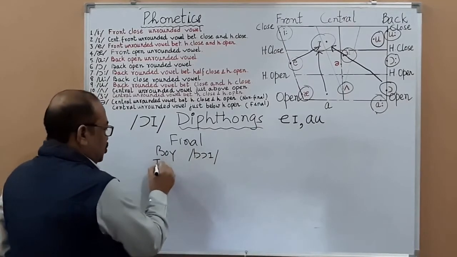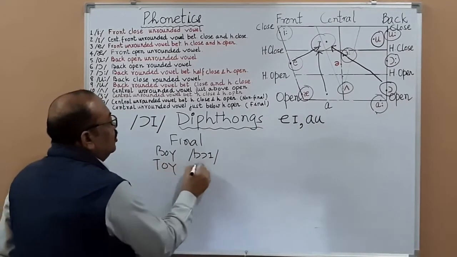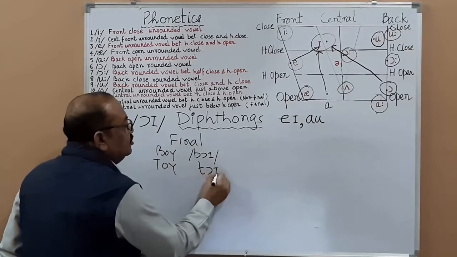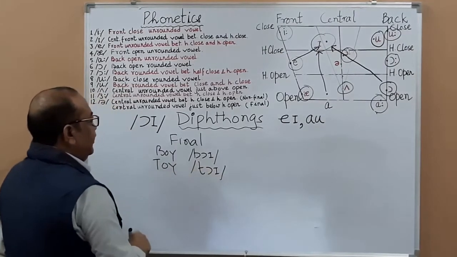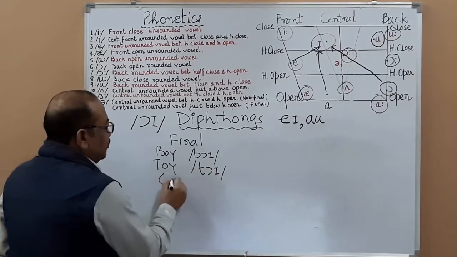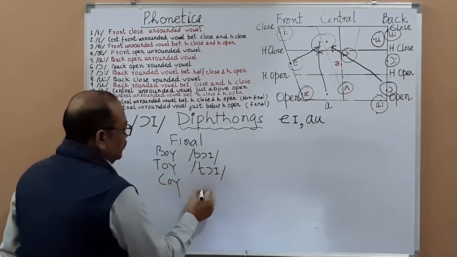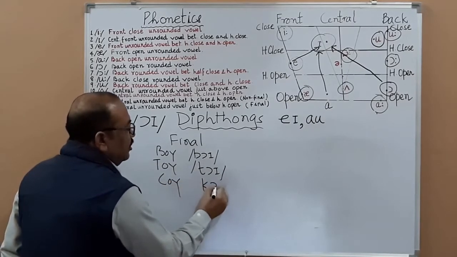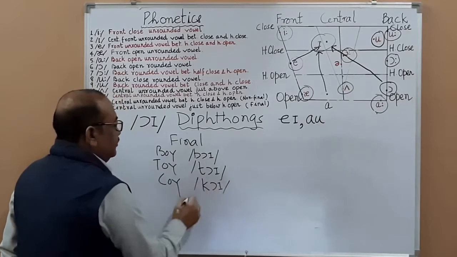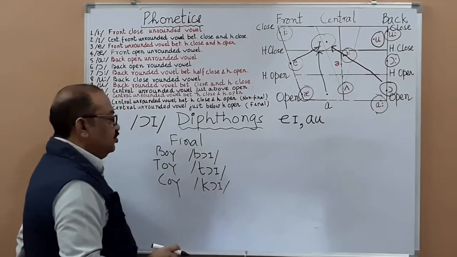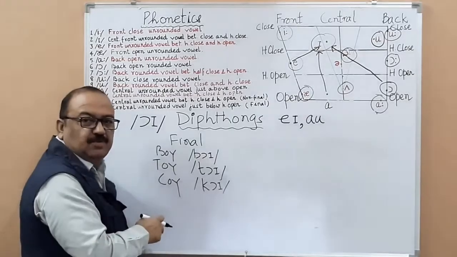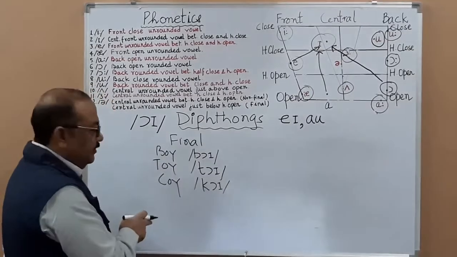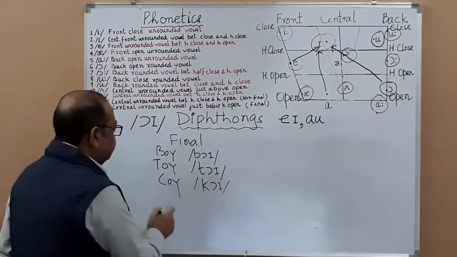And then there is toy, or say there is koi. You know what it means? Have you read the poem To His Coy Mistress by Andrew Marvell? Coy means shy, okay, coy.